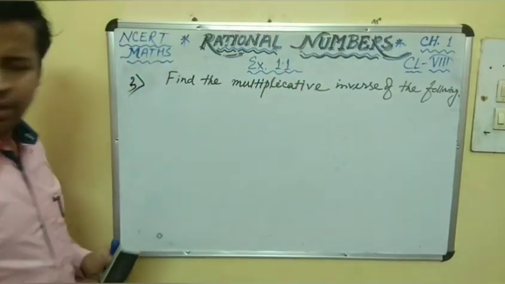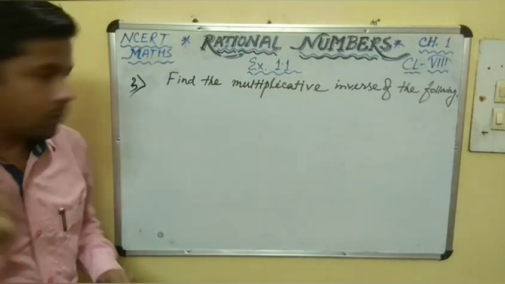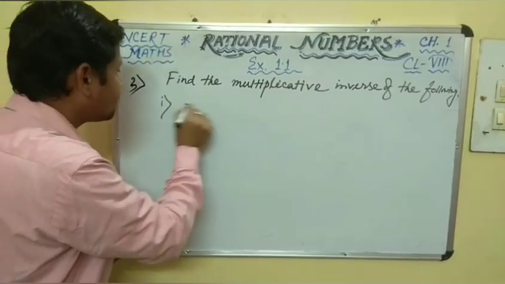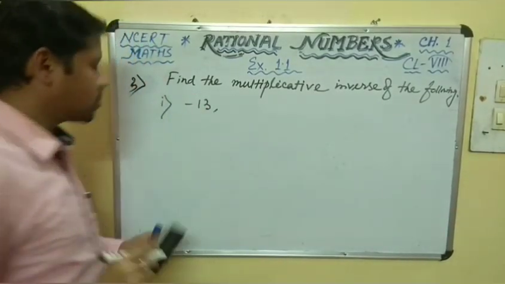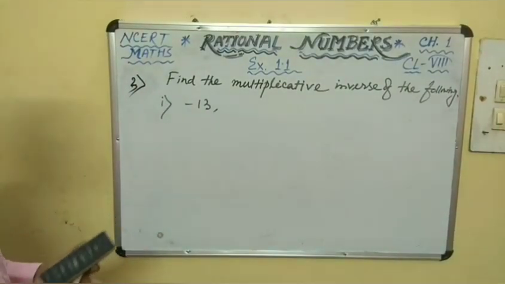First of all, the first one is saying minus 13. So how do we find the multiplicative inverse?